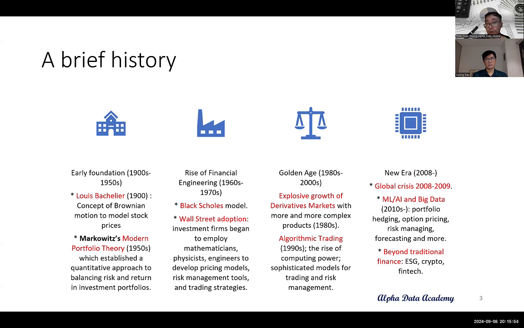Right? People realized that even with very sophisticated and complex products, we still failed, right? We couldn't control the risk. People came up with very innovative, creative derivatives, but it just became a disaster during the crisis.